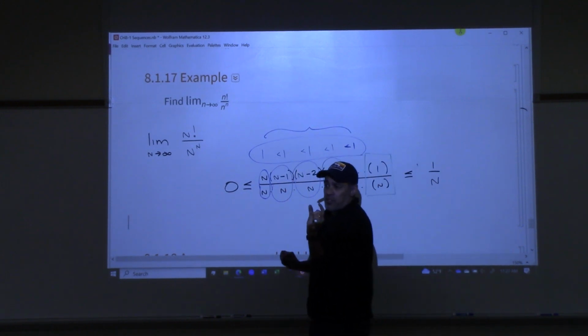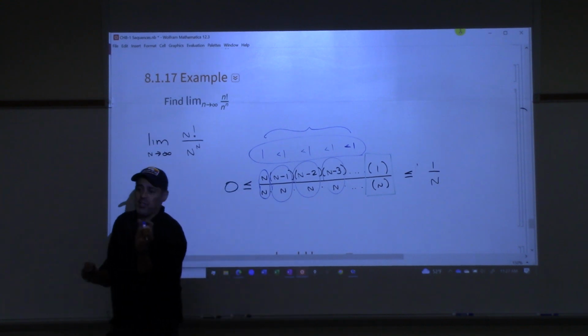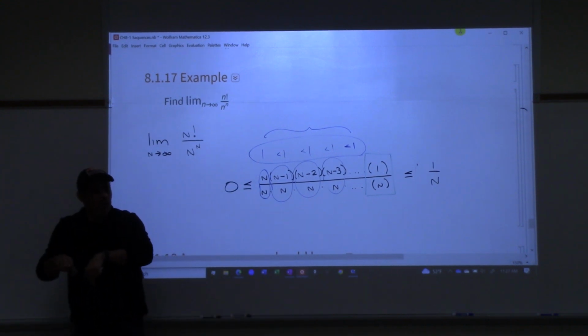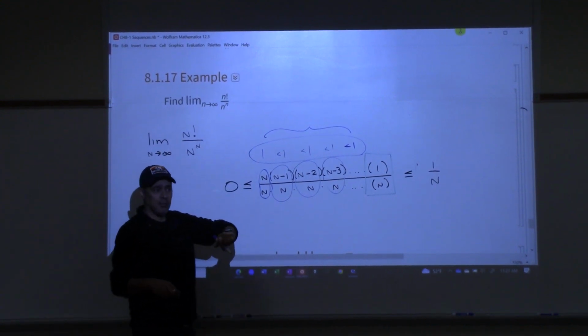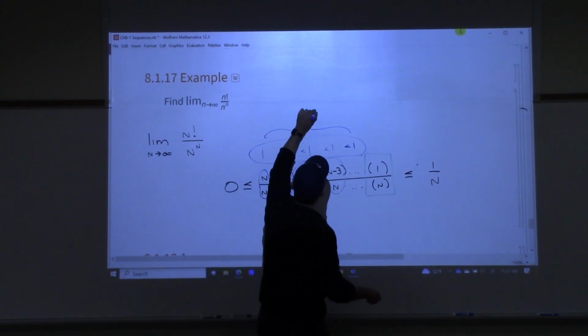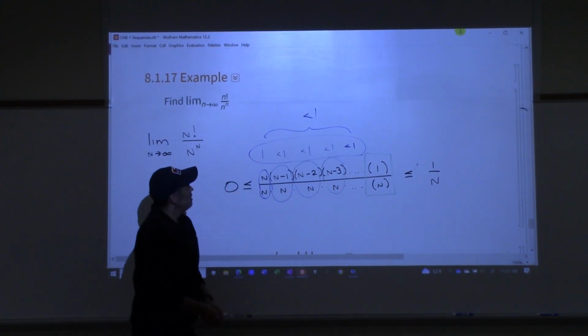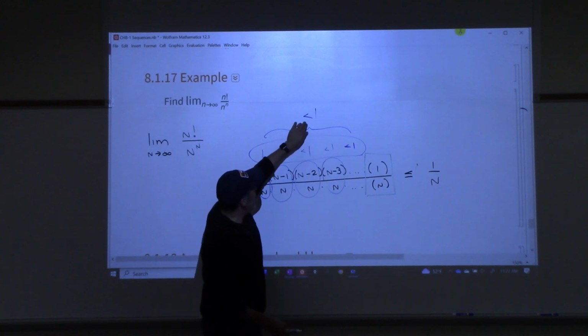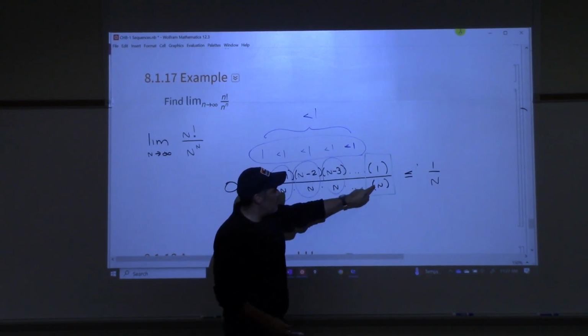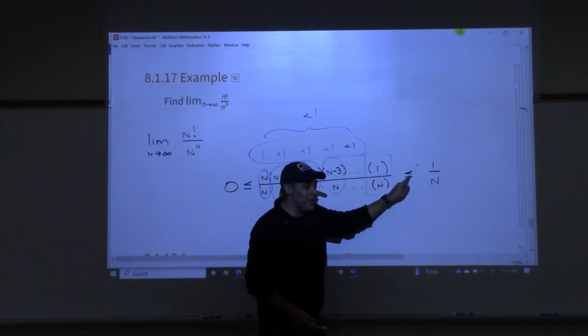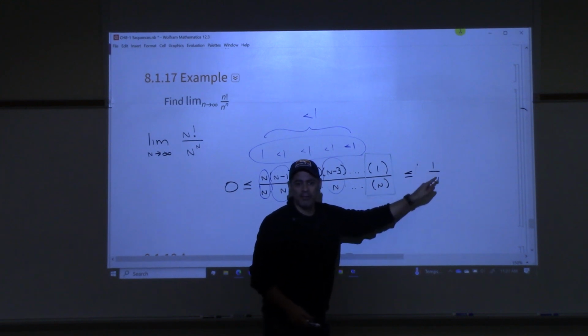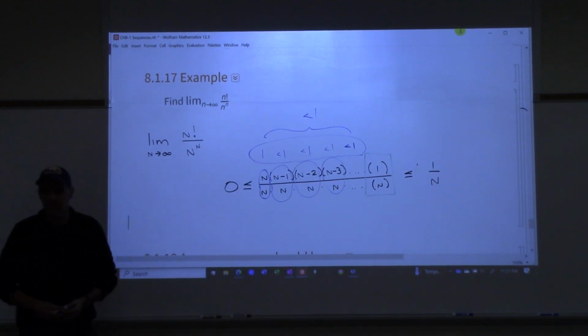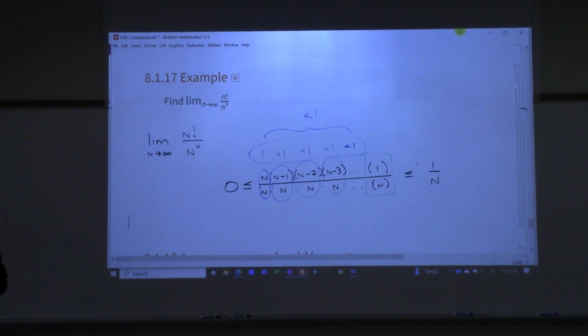Because when you take a number smaller than 1 and you multiply it times a number that's smaller than 1, it gets even smaller. So this is less than 1. And so if I take a number that's less than 1 and I multiply it times 1 over n, I will be less than or equal to just 1 over n. Well, that's it. I'm done. I hope that convinced you.